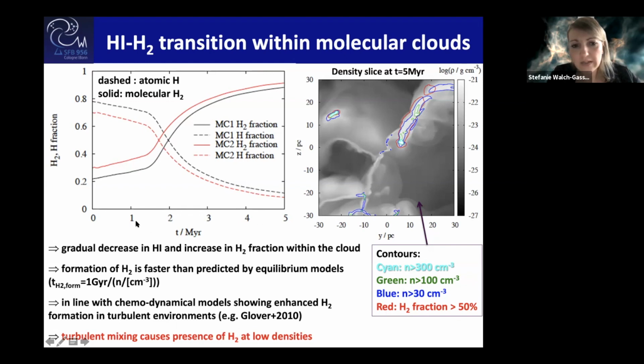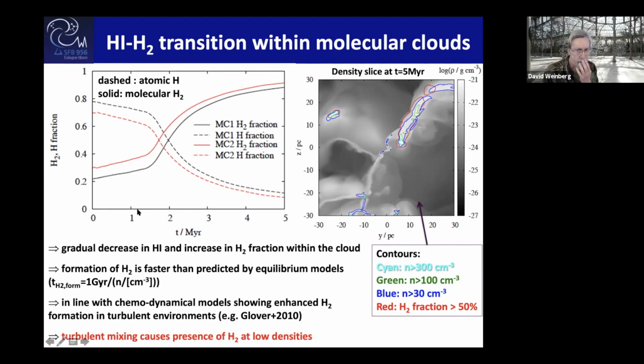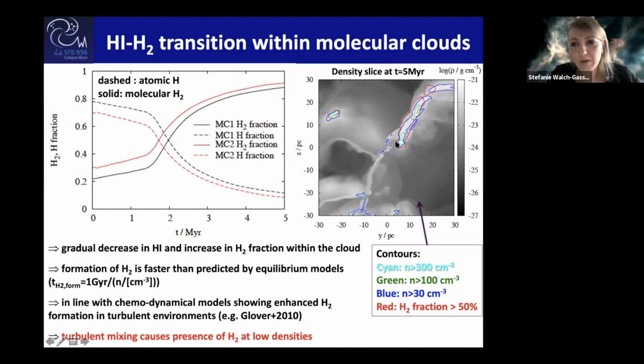Given the time scale we have here, this is just a couple of megayears, right? 1 gigayear over 100 would give you a 10 megayear timescale for the formation of molecular hydrogen, but already on a few megayear timescale, we are forming molecular hydrogen way more extended than just in the dark green contours. So it seems to be forming in the densest regions, and then there's some mixing going on. If you look at the movie, you see that sometimes it's sloshing around.